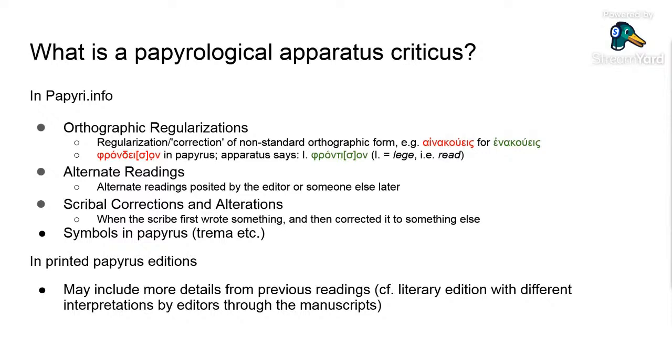So they are very much referring to the research done on the text. Sometimes you have this kind of information in papyrus editions, in the printed ones, but that we don't normally have in the Papyri.info electronic form.